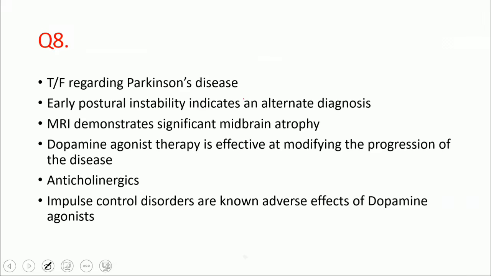So these are the features suggestive of atypical Parkinson's or Parkinson's plus syndrome. Number 1, early onset dementia. Now this is very important. Parkinson's disease patients, even idiopathic Parkinson's disease, after a certain period of time, they get dementia. But here dementia is the presenting feature, right?